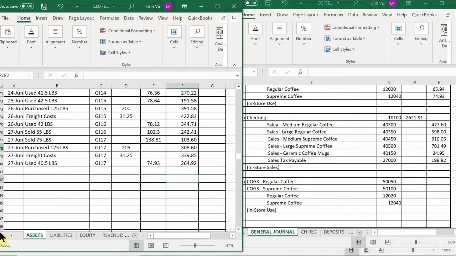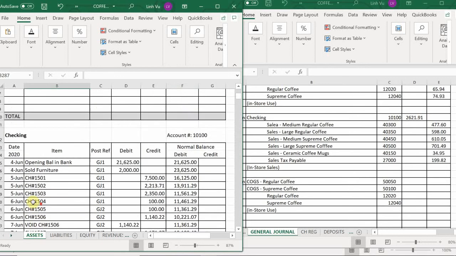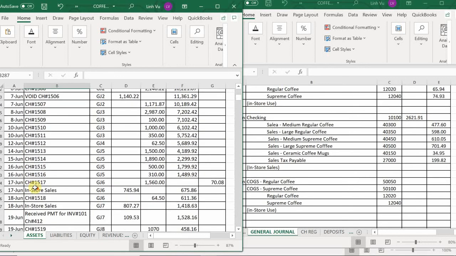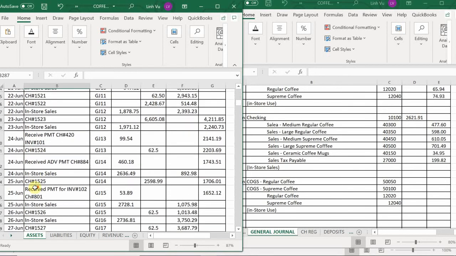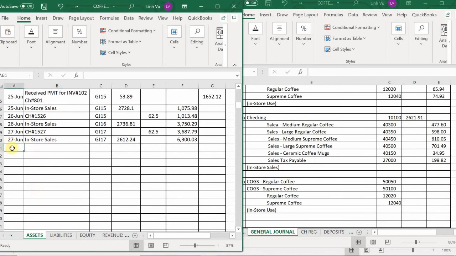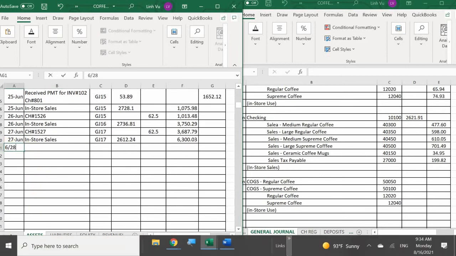We're going to go to our assets, and we're going to go to checking first. So checking is the 2621.91. Okay, right there. And then your sales and revenue.